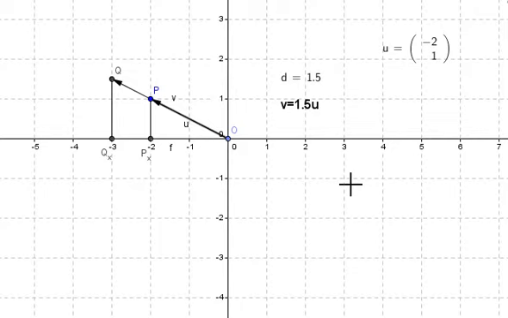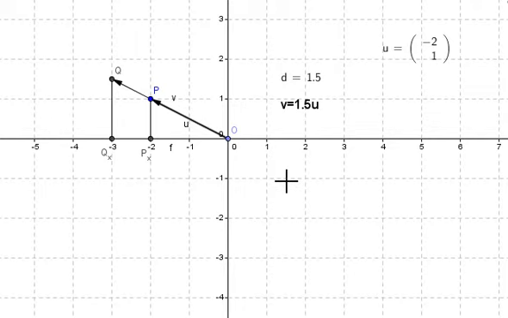Now, because the length of vector v is 1.5 times bigger than vector u, OQX is 1.5 times bigger: the distance of QX from O is 1.5 times the distance of PX from O. And both QX and PX, the coordinates are negative because they are left of the origin.